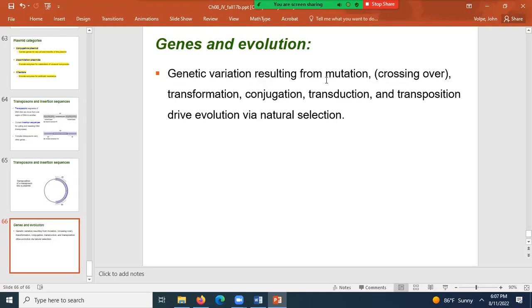And then that genetic variation will drive evolution, which will happen by natural selection. Meaning natural selection determines which way the species will evolve.